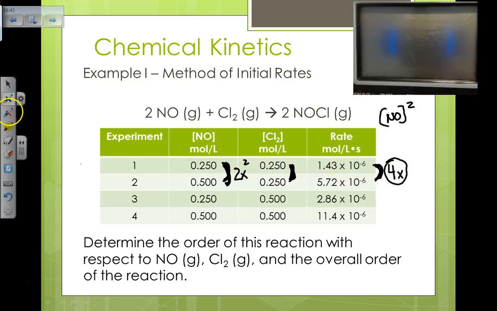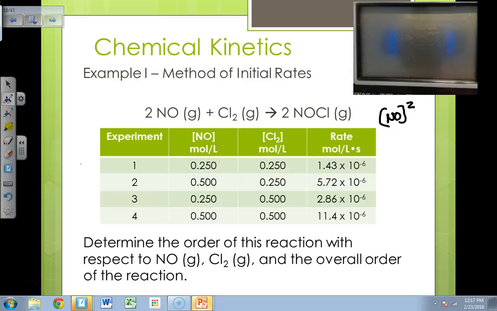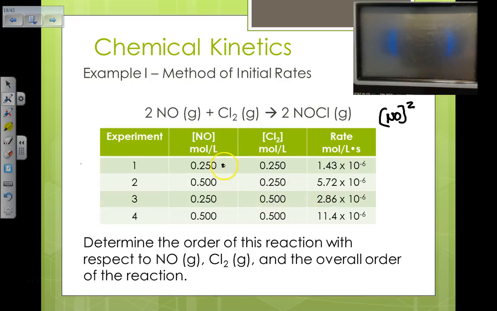Now if we do the same sort of thing with Cl2 instead of with NO, but now we're going to hold the NO constant. So going from here to here, NO is held constant.